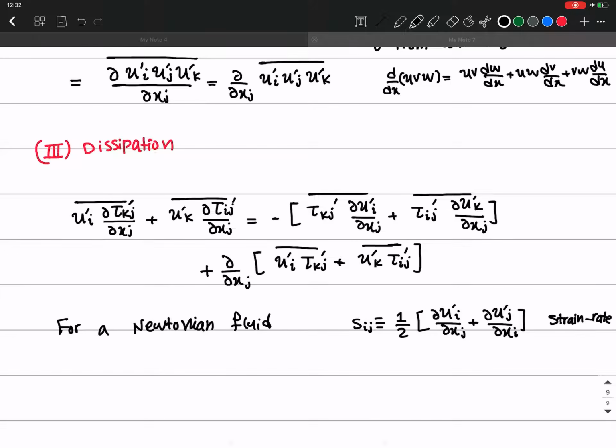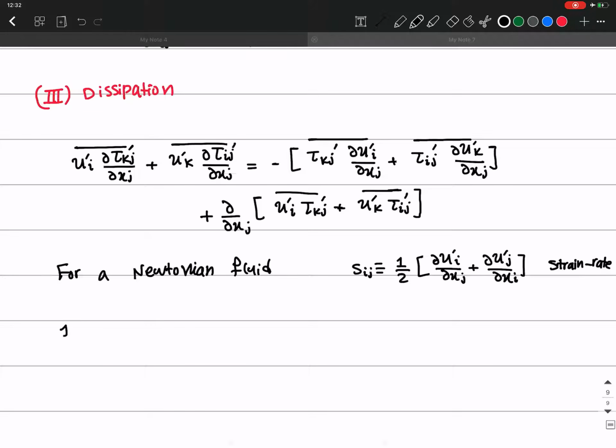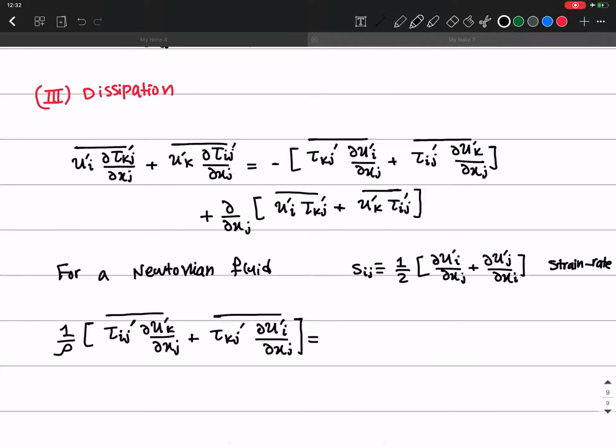Okay, so for the Newtonian fluid, we can rewrite 1 over rho of tau ij prime partial u prime k over partial xj bar, plus this term, tau kj prime partial u prime i over partial xj bar, as 2 nu times Sij, right?